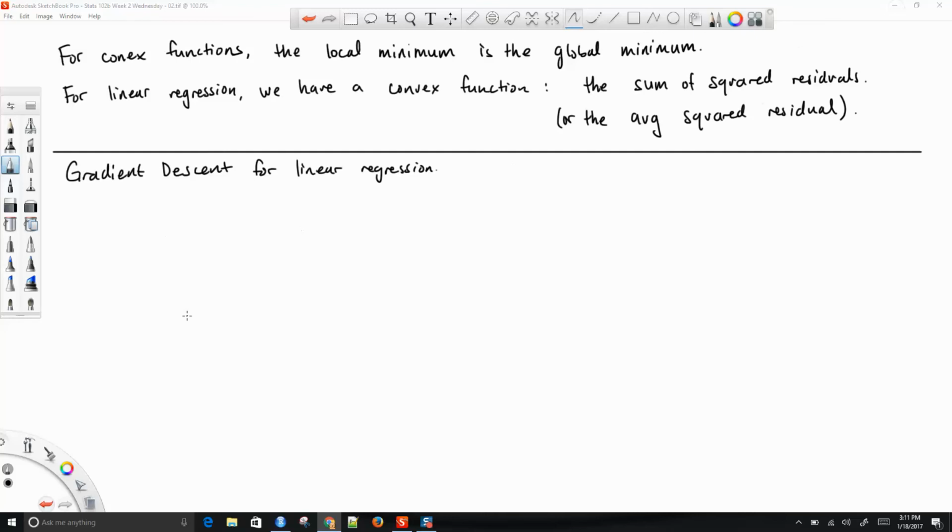Gradient descent for linear regression. So gradient descent in general is the idea that the next point, x of n plus 1, and if this is multidimensional, is going to be our current location, x of n, and then we subtract off lambda times delta f of x of n.